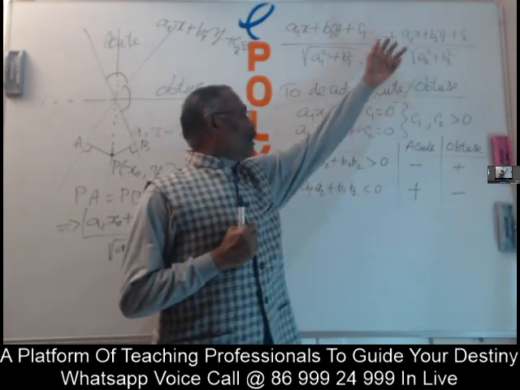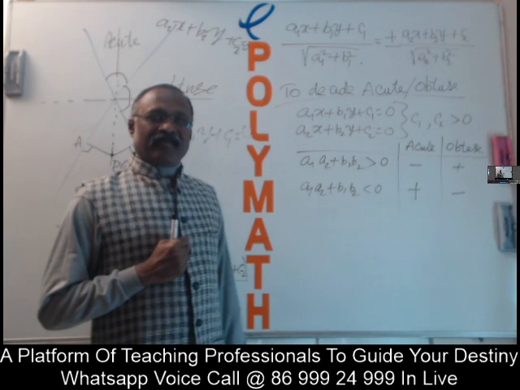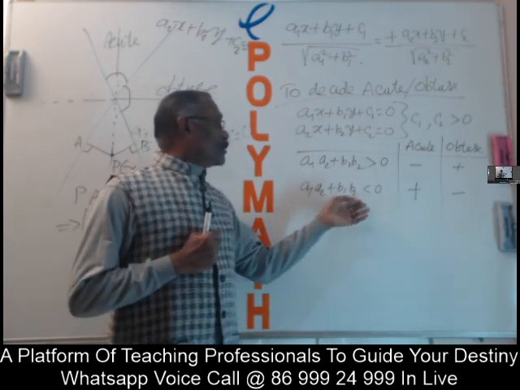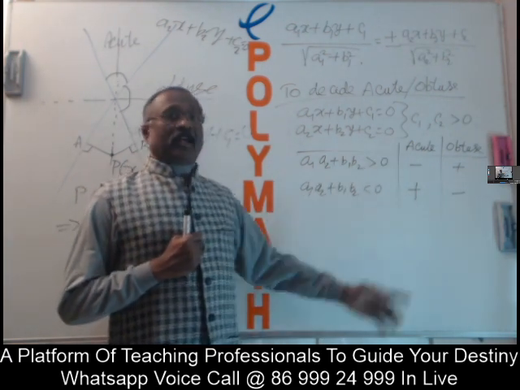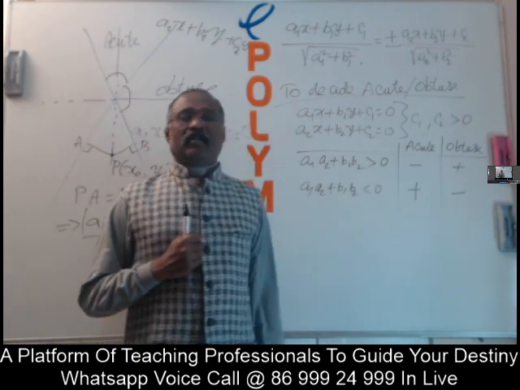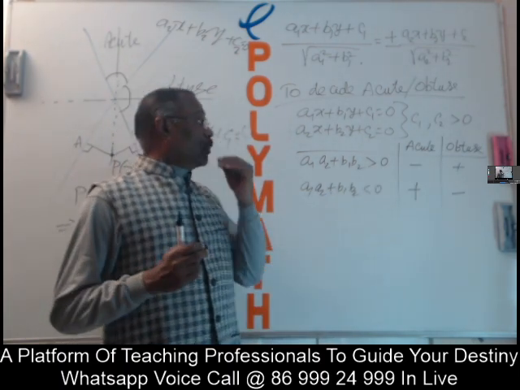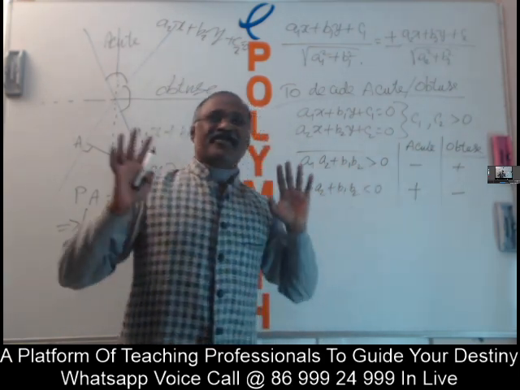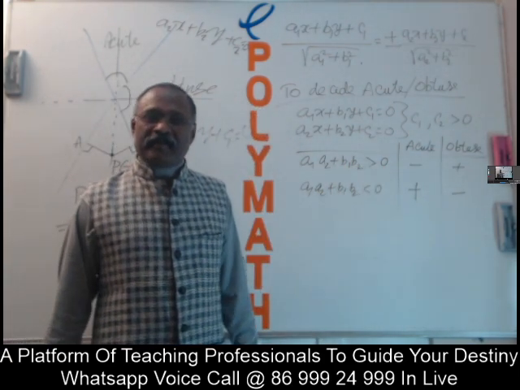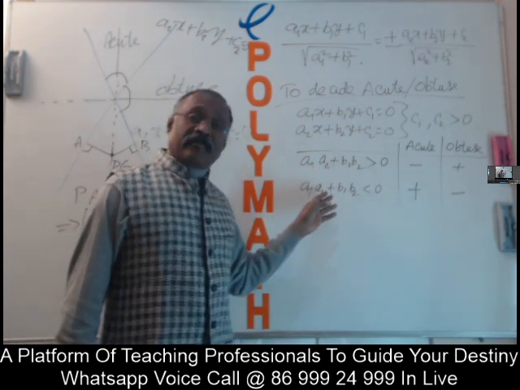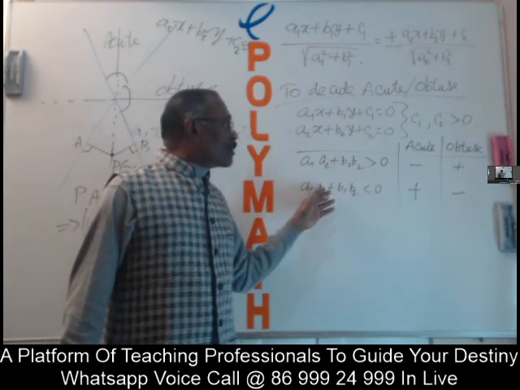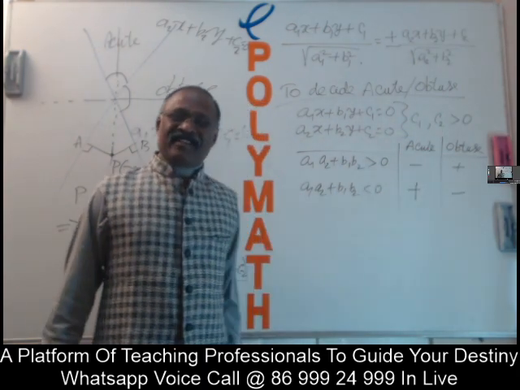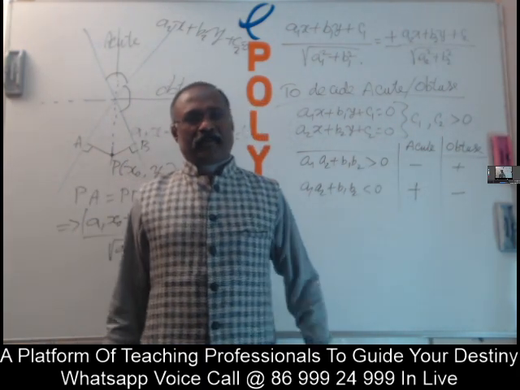By taking plus here, you will get obtuse angle bisector. And if A1, A2 plus B1, B2 is less than 0, by taking plus here, you will get acute angle bisector. By taking minus here, you will get obtuse angle bisector. That means whatever the sign of A1, A2 plus B1, B2 is, the same sign is there for the obtuse angle. Obviously, the other one becomes acute angle.